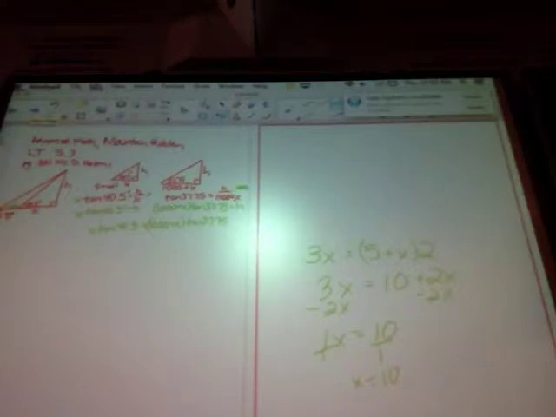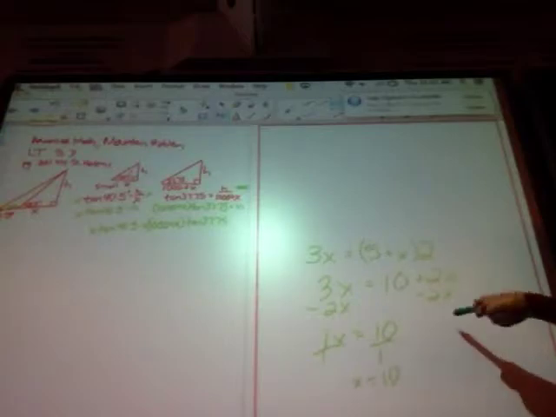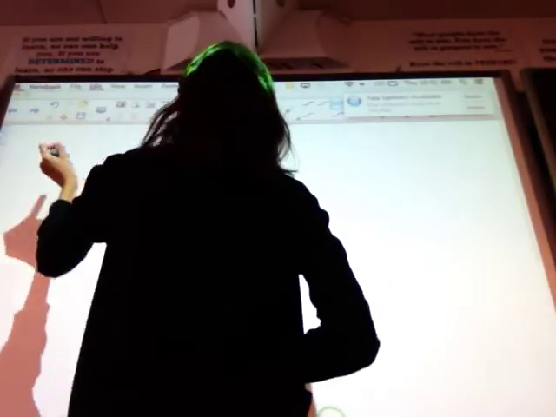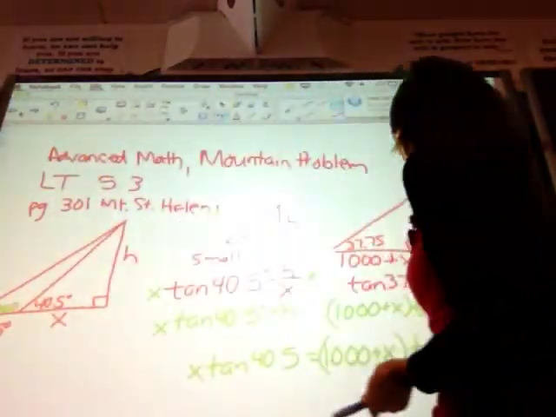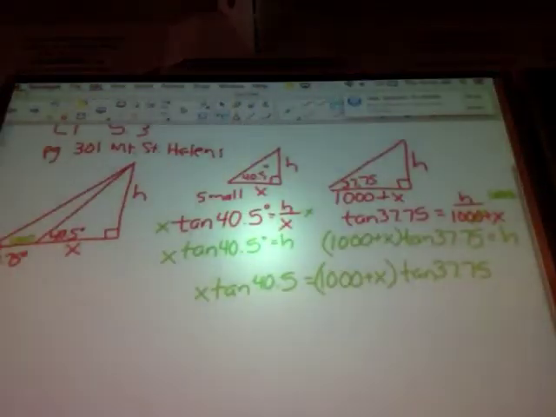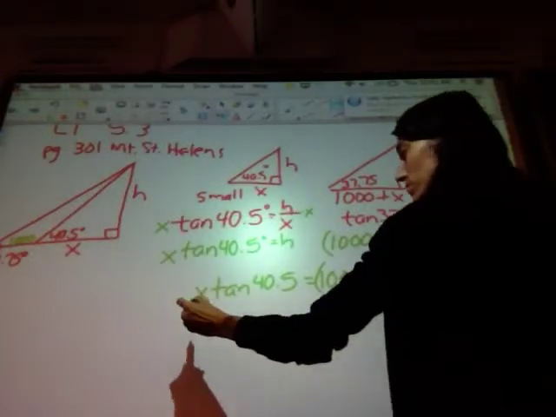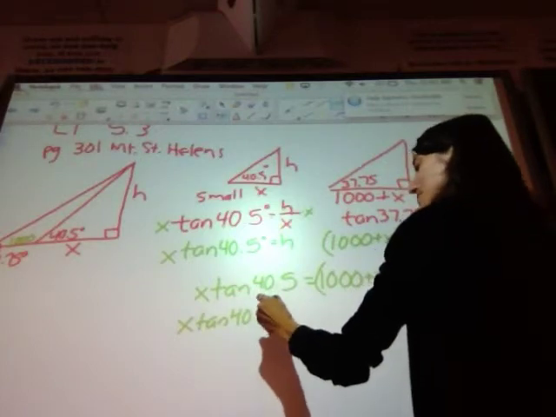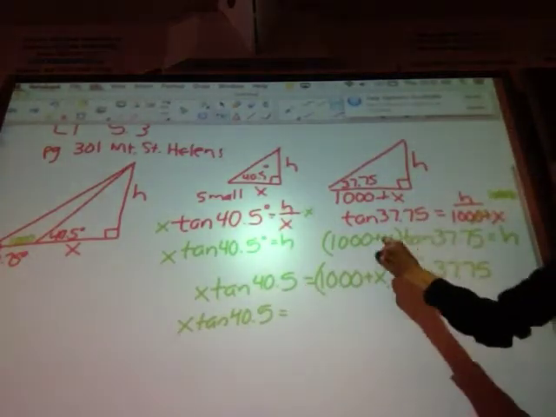Okay? Just a second, don't get ahead of me. It's going to be exactly the same, just with tangents. Okay? So what did you guys do last time? You distributed, okay? You're just going to have to write them next to each other. So we're going to distribute.